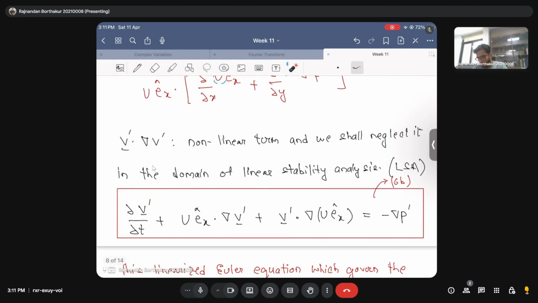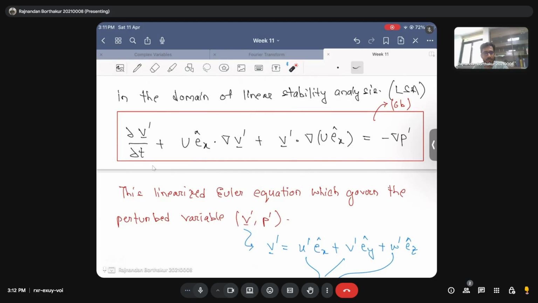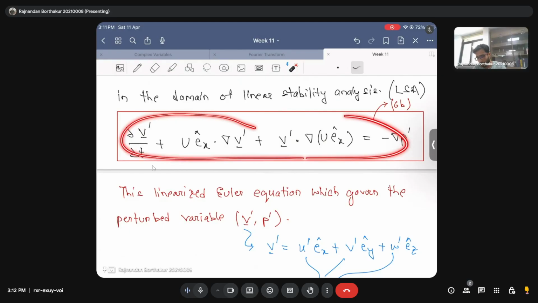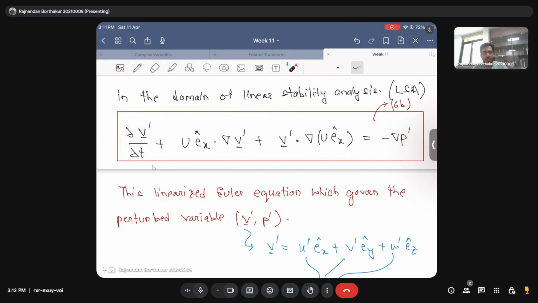That's what we have written here. Finally we derive an expression for the perturbations which is linear in nature, and you can figure it out from this equation. So in principle we had four equations: the continuity, and the three equations from these vector equations which involve the perturbed variable v prime.